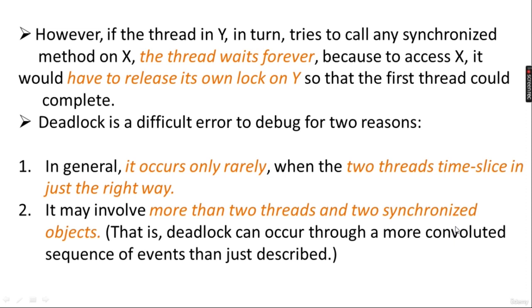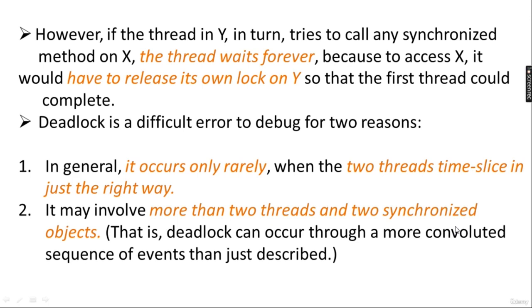But both are waiting for the synchronized methods of each other, and Y will never complete in this case. So the first thread and the next thread, that is X and Y's threads, will never complete.